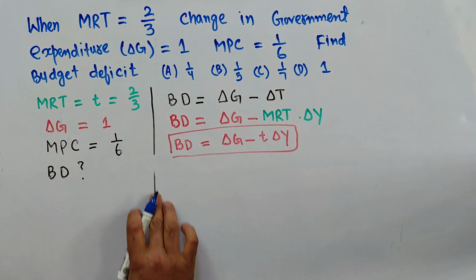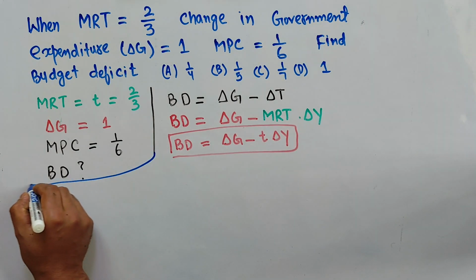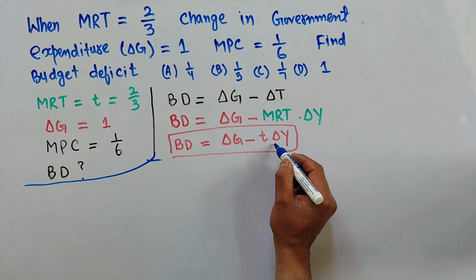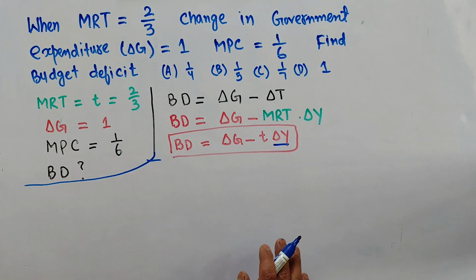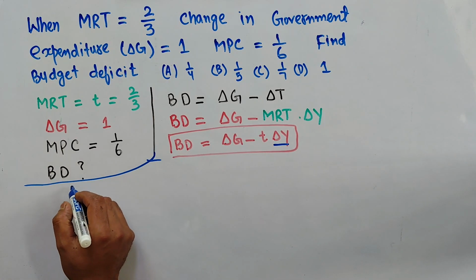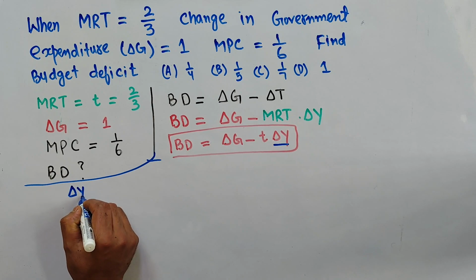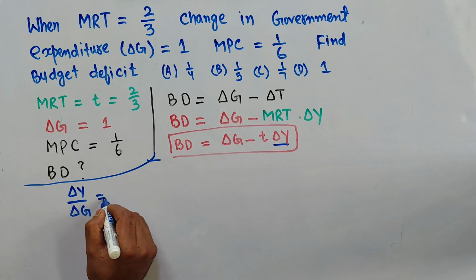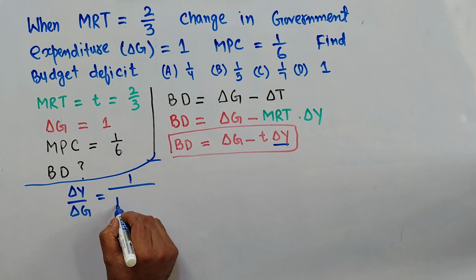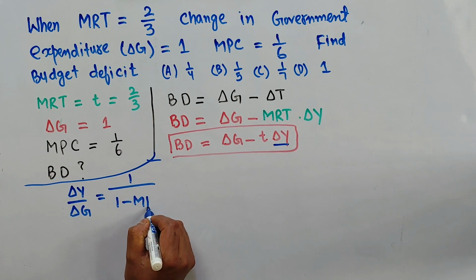To find out the budget deficit, first we should know the value of the change in income. For this we use the multiplier formula. So what is the multiplier formula? The change in the income due to the change in the government expenditure is equal to 1 divided by 1 minus the marginal propensity to consume.